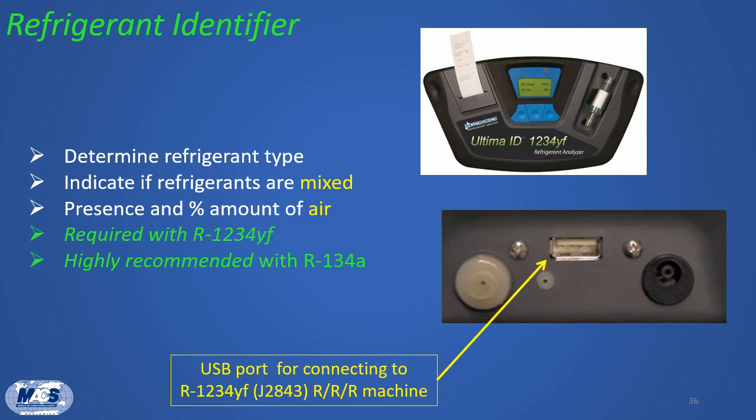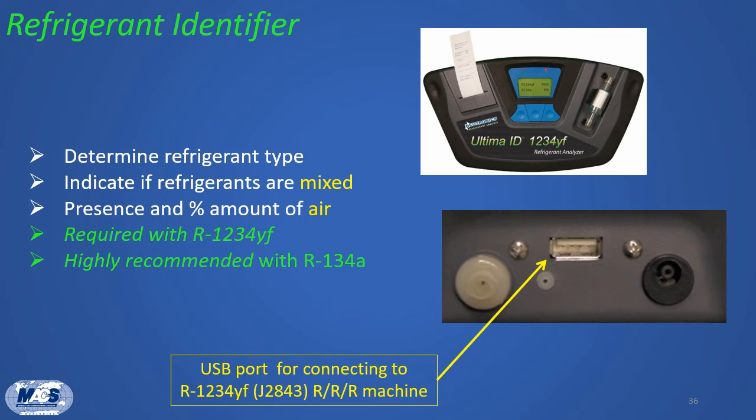The identifier should conform to the SAE standards to assure that the unit correctly identifies refrigerants. Keep in mind, however, that even the best identifier may not be capable of indicating all the possible combinations of chemicals that may be in an AC system or a storage tank. Keep in mind this specific distinction.